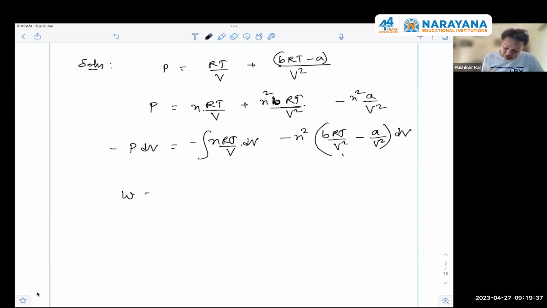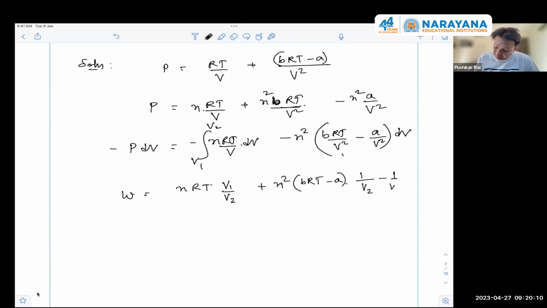So W is equal to, if you take V1 to V2, nRT ln(V1 by V2), and minus n square, taking bRT minus a common, and 1 by V square integrates to 1 by V with a negative sign, negative will become positive. So 1 by V2 minus 1 by V1. Am I right?